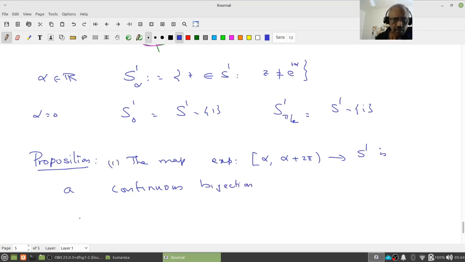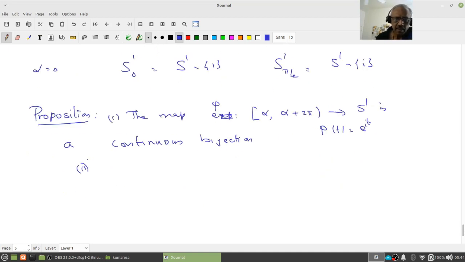Number 1: the map phi of t equal to e power it, restricted to the interval from alpha to alpha plus 2 pi, onto S1, is a continuous bijection. And if I restrict phi to the open interval alpha to alpha plus 2 pi, then I am going to miss S1 alpha. This is a homeomorphism.